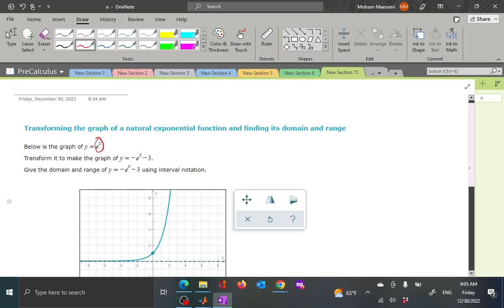Before we go into that, let me just say a few words about this number e, and then we come to the graphing itself. Other than e being a number that's not a whole number, the steps that we're going to take here are very similar to what we have done in the previous section.